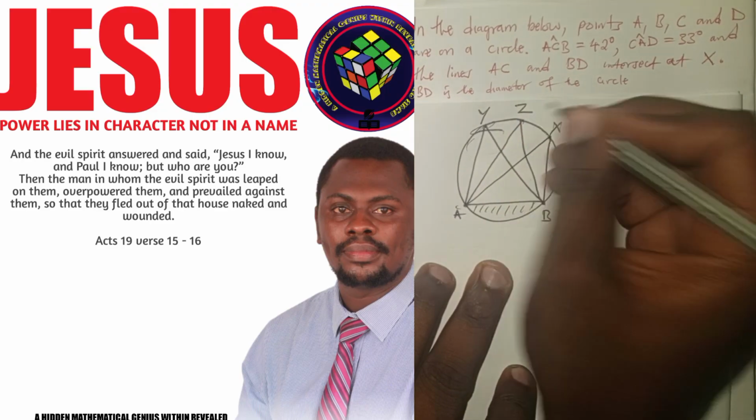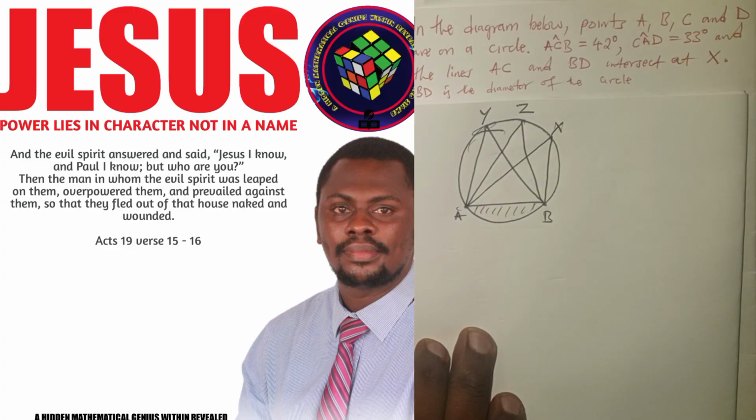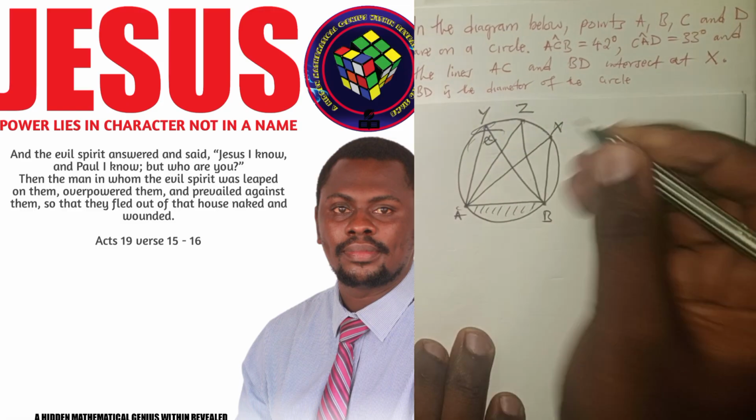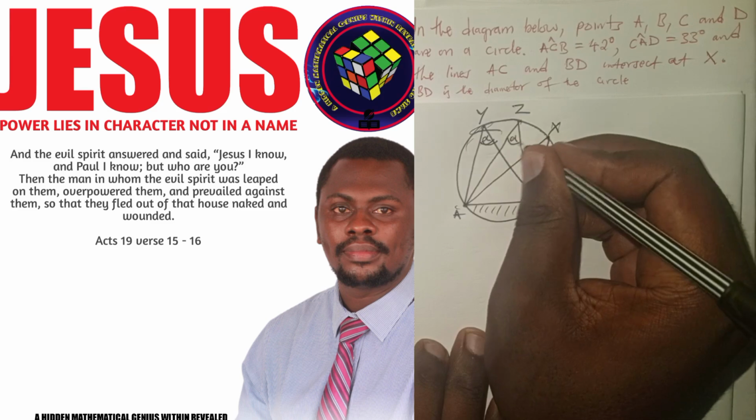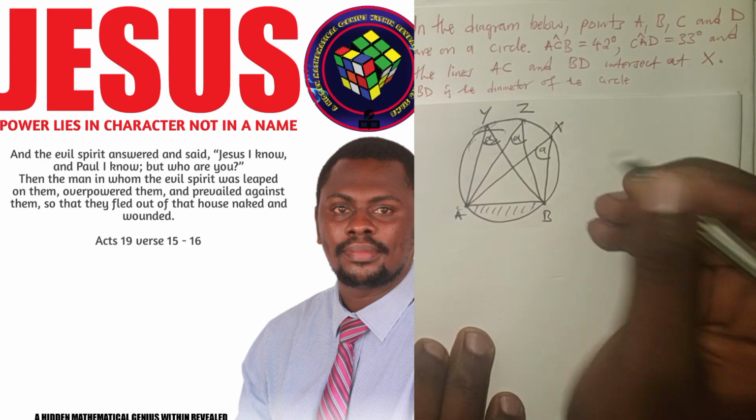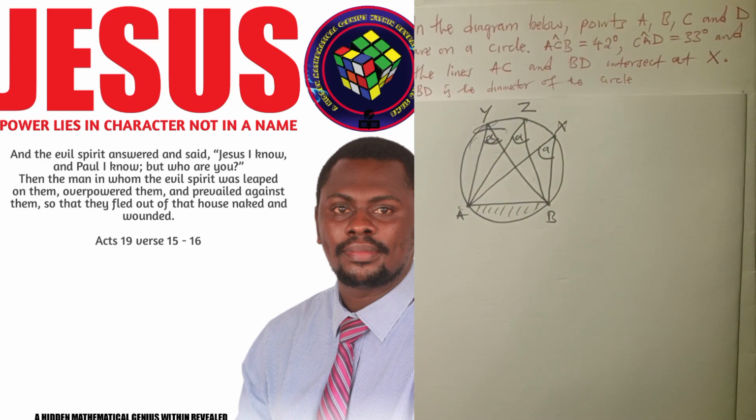Let's say angle at Z. So if this angle is A, even the angle there will be A, and the angle there will be A. Angles produced from the same arc are equal.